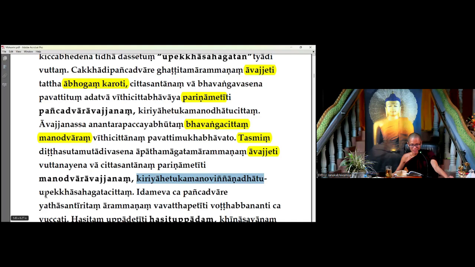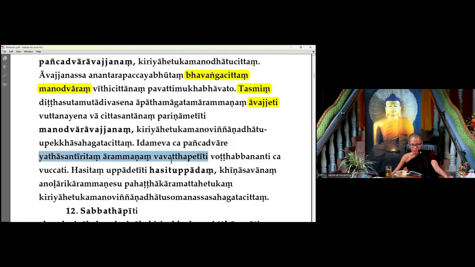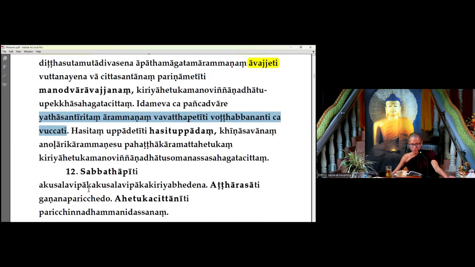After that: Idameva cha pancadvare yatha sampaticchana aramana vavatthapeti vavatthapanan ti vuccati. Idameva, only this mind. Vuccati is passive voice; the active voice is vadati. Votthabbanan ti cha, also as votthabbana.